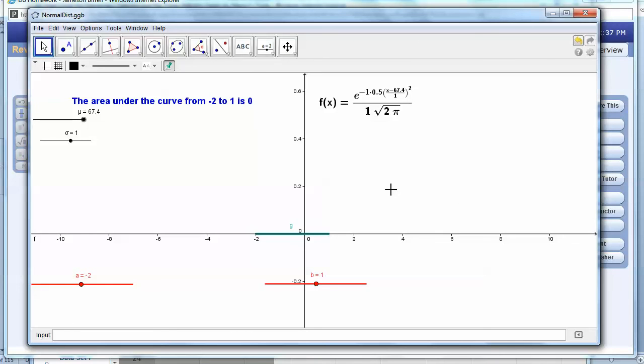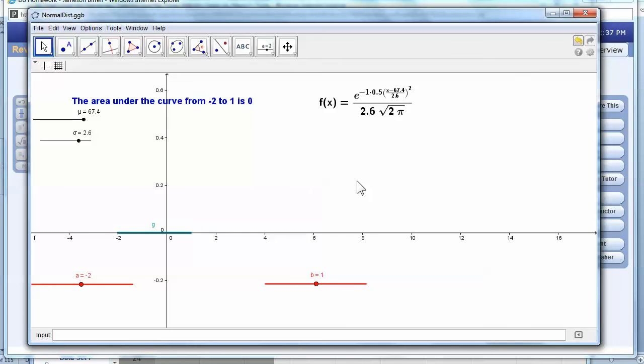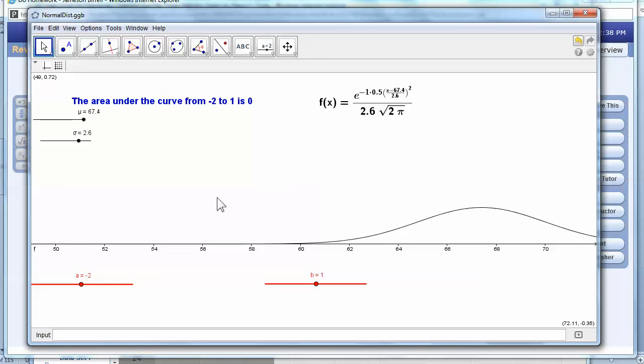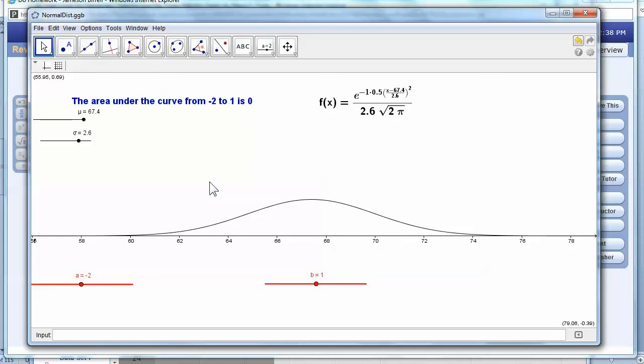Okay, now you notice that my curve just disappeared. It's because it slid down there, away from the standard distribution. And then this needs to be 2.6. What's cool about that is once I set this, I can use it for both. Let me drag this over here. Now, you'll notice the curve also looks different in terms of its height.